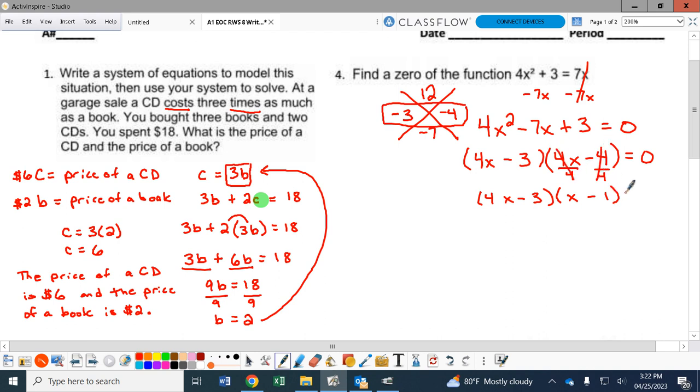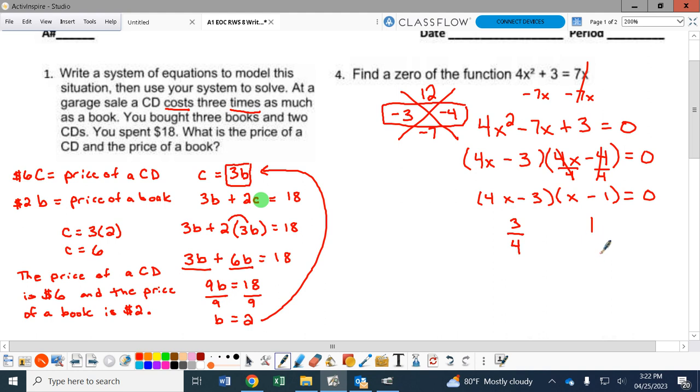equals 0. Now to find a 0 of the function, it's going to be the opposite of whatever's here. So the opposite of negative 3 is 3, and you always have to divide by anything that's right here, so it'd be 3 over 4. For this one, it's the opposite of what's here, which would be 1, all divided by what's in front of here, so that's going to be 1.